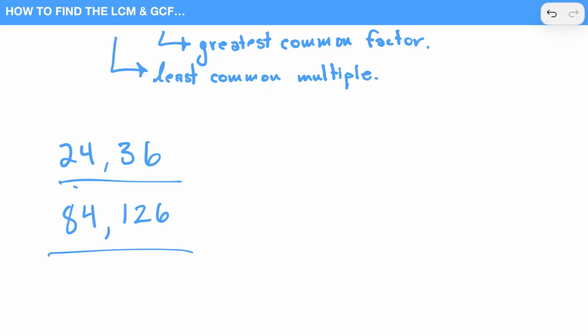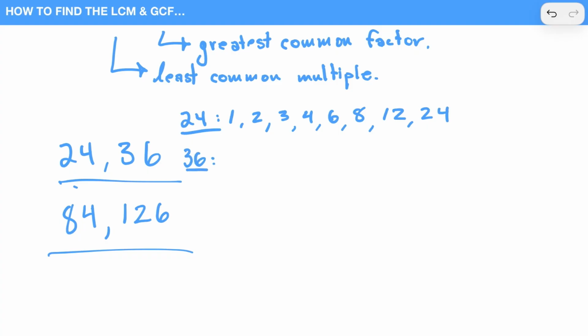Okay, 24 and 36. Let's find their greatest common factor. I'm going to do the first method for the first one and the second method for the second one. If I do 24, we get factors of 1, 2, 3, 4, 6, 8, 12, and 24.